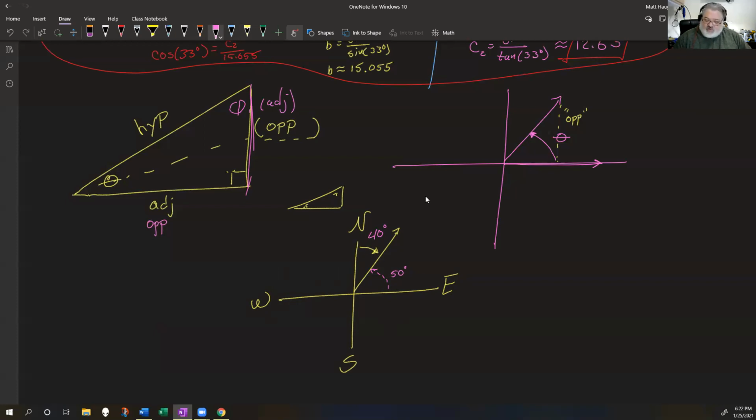If we stick with the 40 and use the 40 in our calculations, then the horizontals become our opposites, become our sine values, and the verticals become our adjacents, because we've changed the angle of reference. Can we do that? Yes, as long as we are careful. Fair?